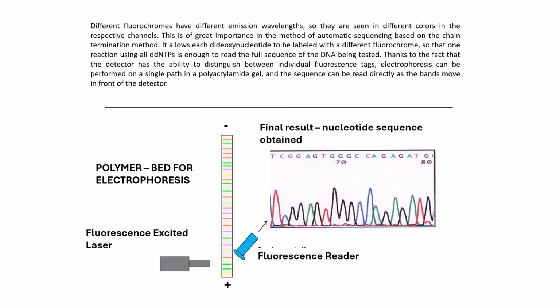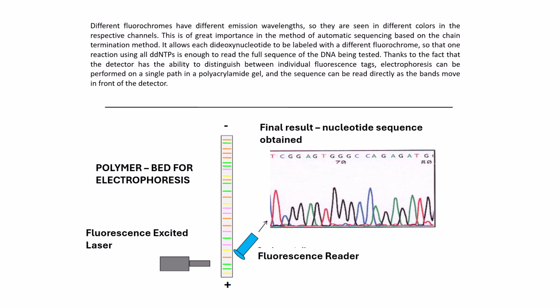If we have the mixture of fragments terminated by colorful nucleotides, now we can organize them from the shortest to the longest using a special type of electrophoresis. During this electrophoresis, these fragments are migrating, and the fluorescence is read. First we have the laser which excites fluorescence, and then we have the reader which reads the color.